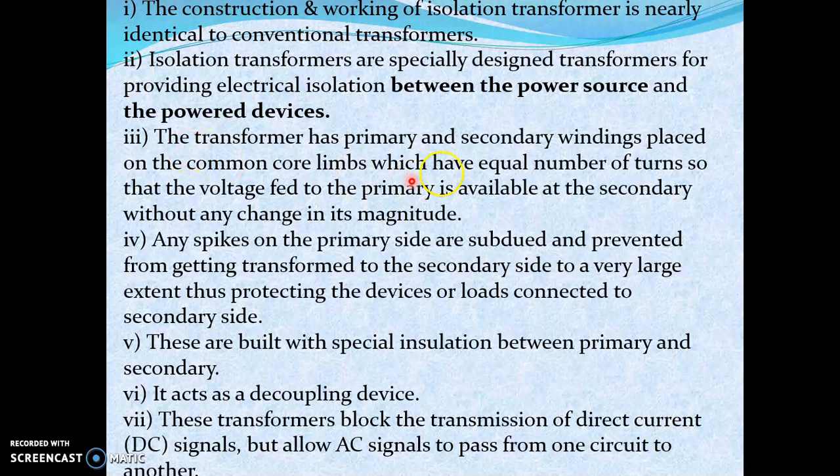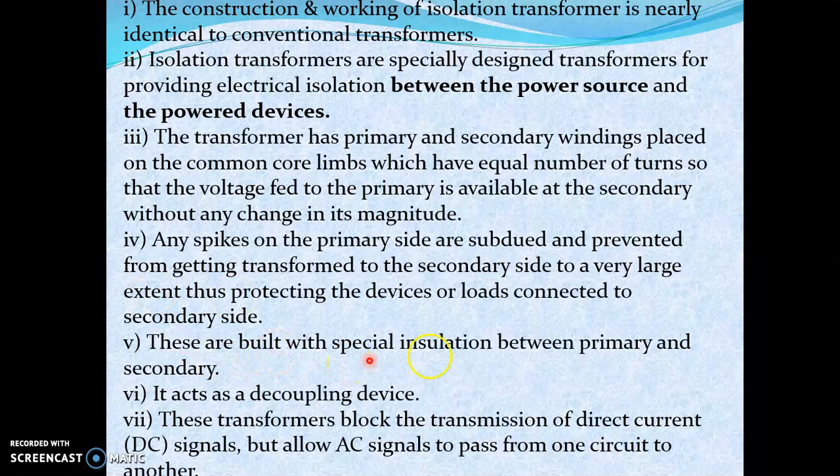The transformer has primary and secondary windings placed on a common core, which have an equal number of turns, so that the voltage fed to the primary is available at the secondary without any change in its magnitude. Any spikes on the primary side are subdued to a very large extent and prevented from getting transferred to the secondary side, thus protecting the devices or loads connected to the secondary side.